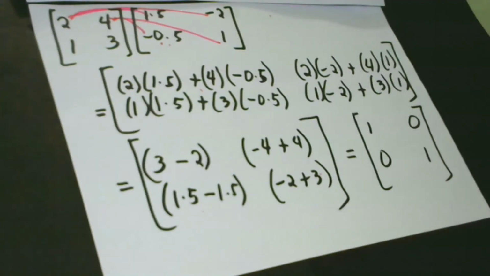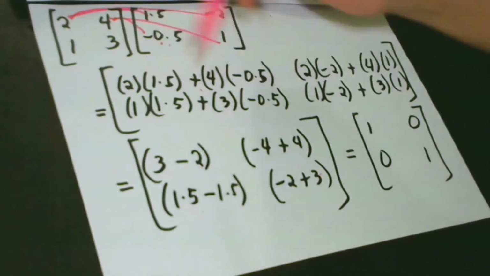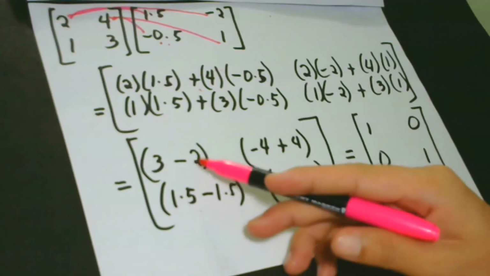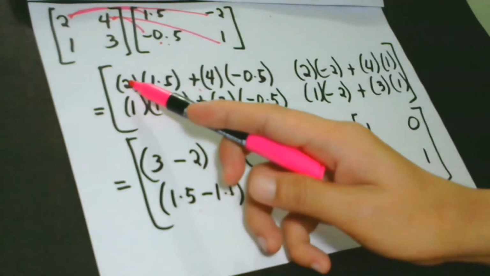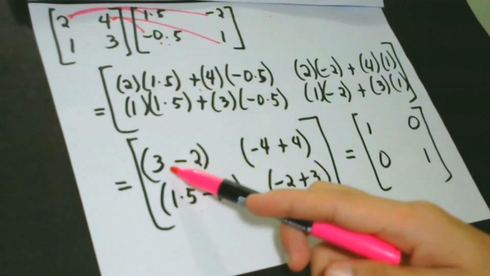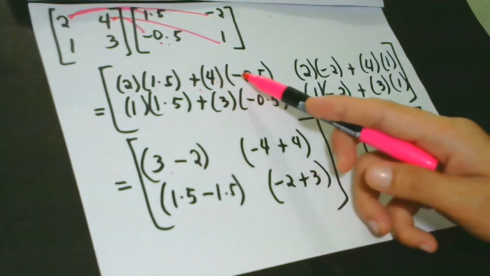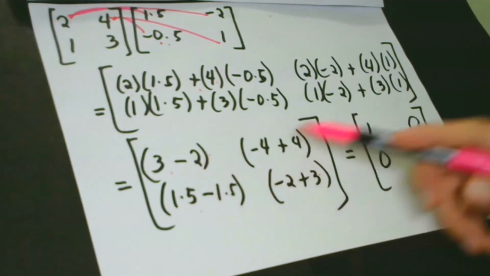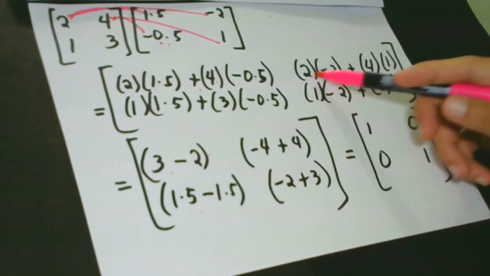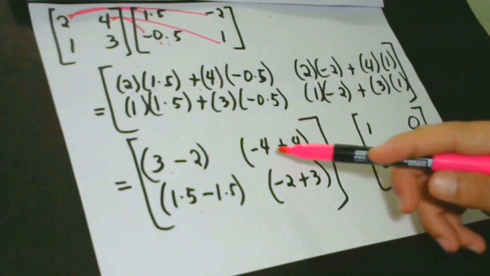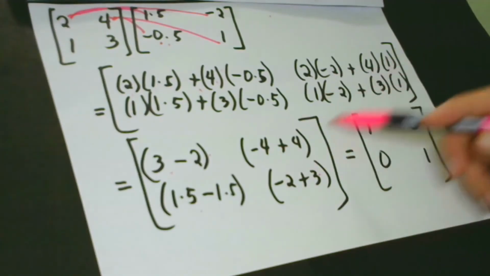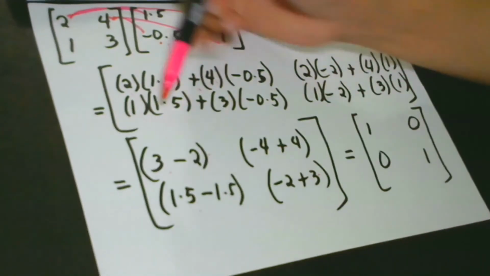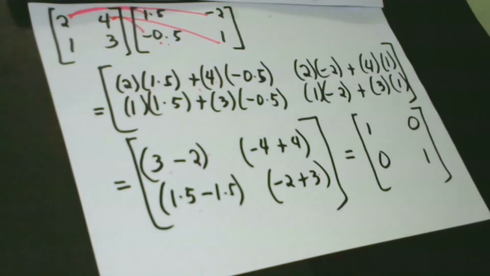Now if you do the process of multiplication and then addition, we get this. 2 times 1.5 is 3. Then 4 times negative 0.5 is negative 2. And then here, 2 times negative 2 gives us negative 4. And 4 times 1 becomes 4, of course.